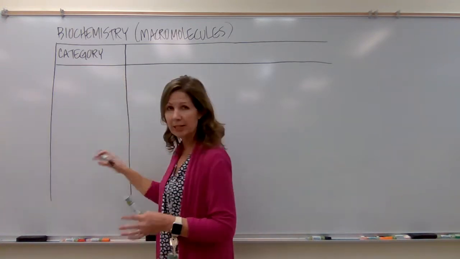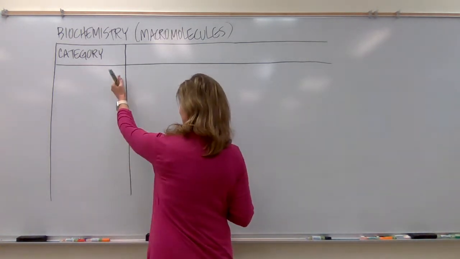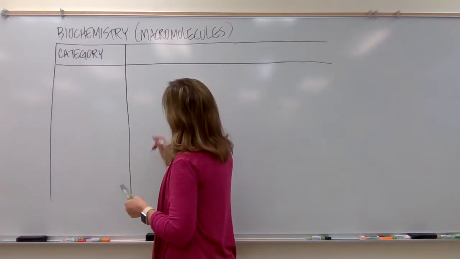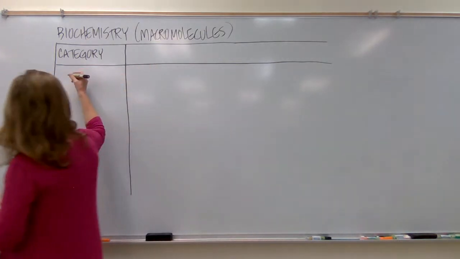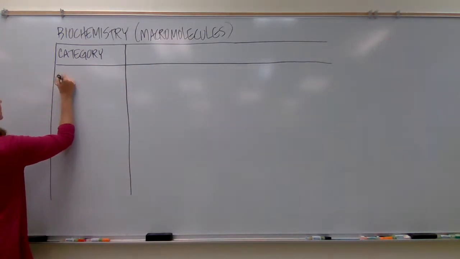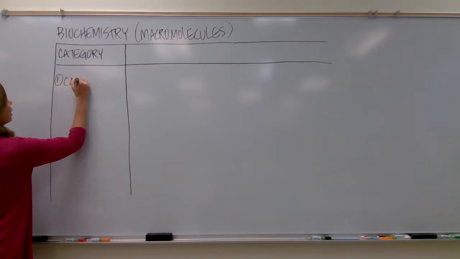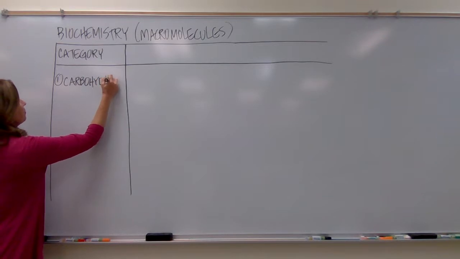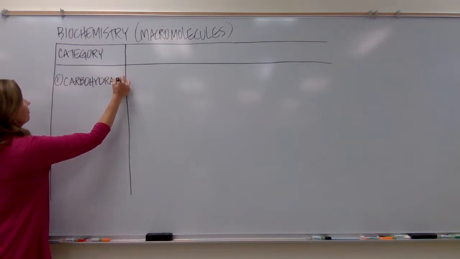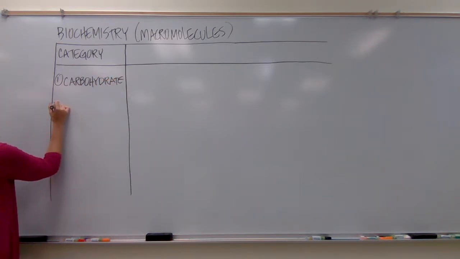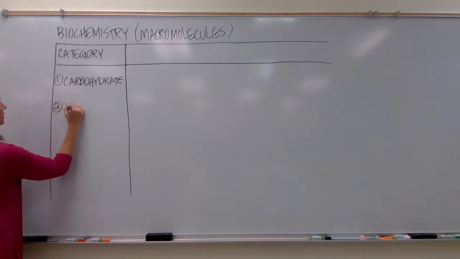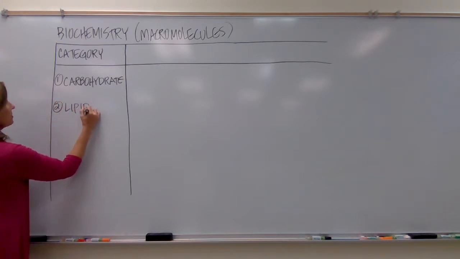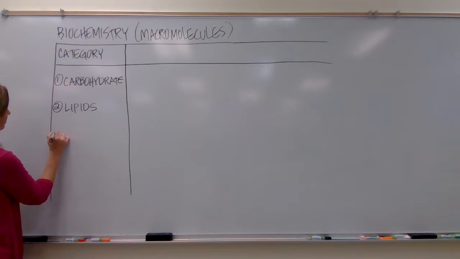I'm going to try to have my chart semi in a straight line. Of course it's not. 1 is going to be the carbohydrate category. Carbohydrate. Second will be lipids, which we see as fats on the nutrition label.